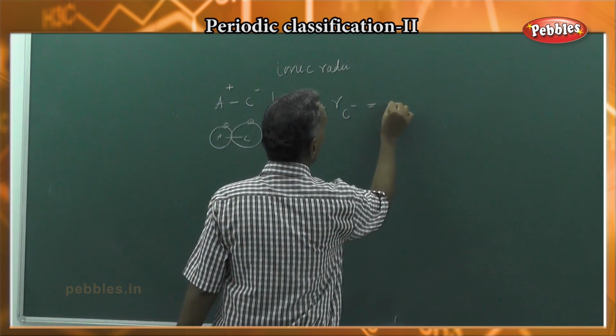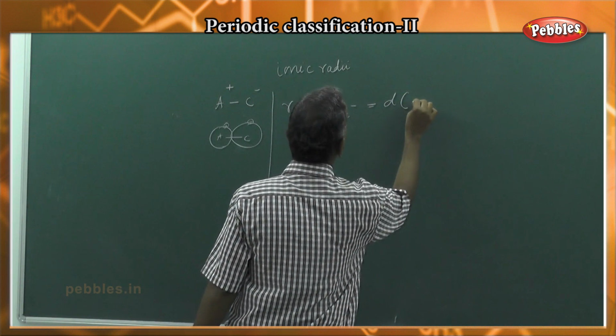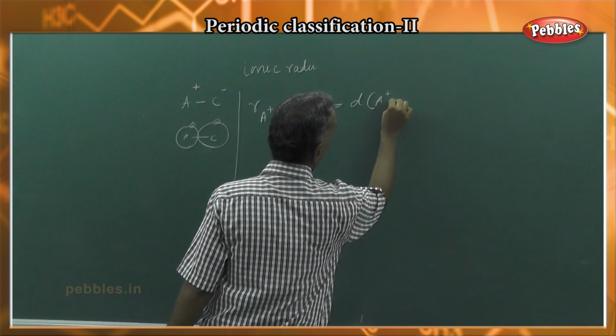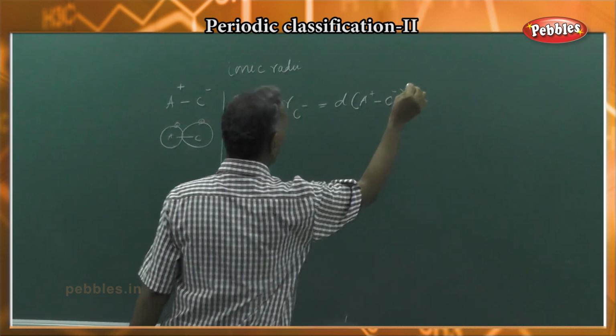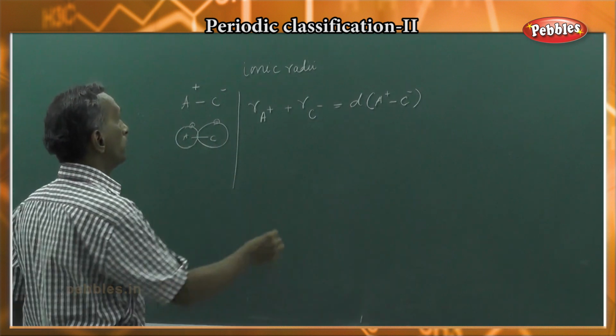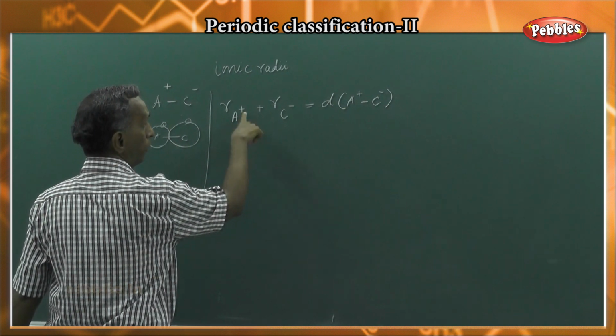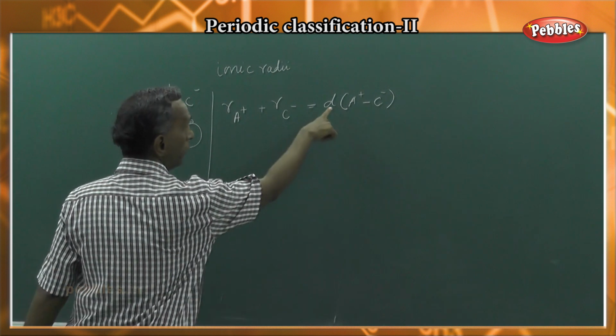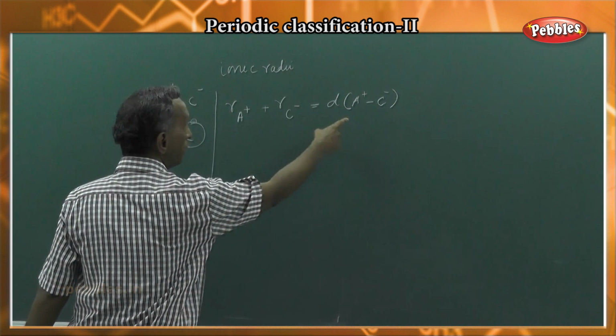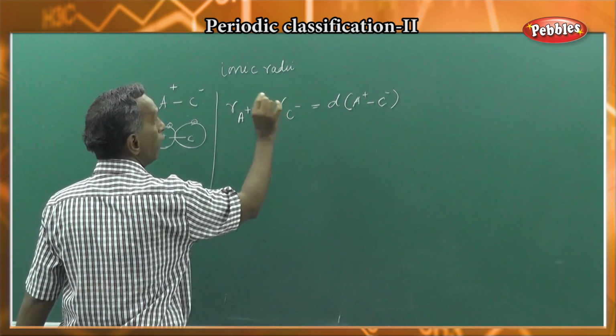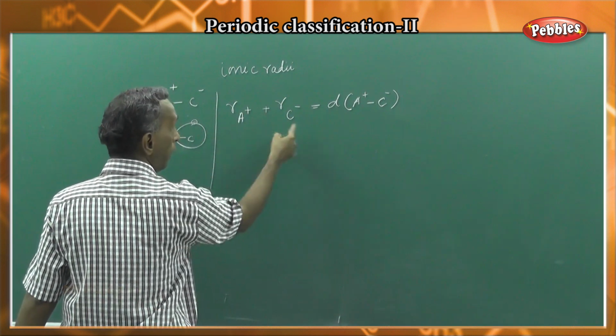So this equals the distance between the two ions, that is A plus C minus. Here there are different parameters: radius of positive ion, radius of negative ion, and distance between the ions. So the distance between the ions equals the sum of the radii of the respective ions. Ions are different.